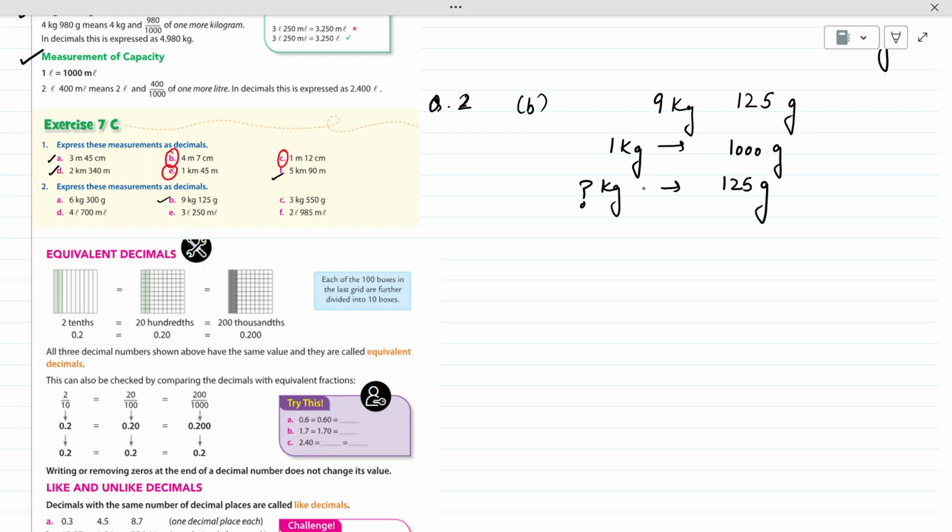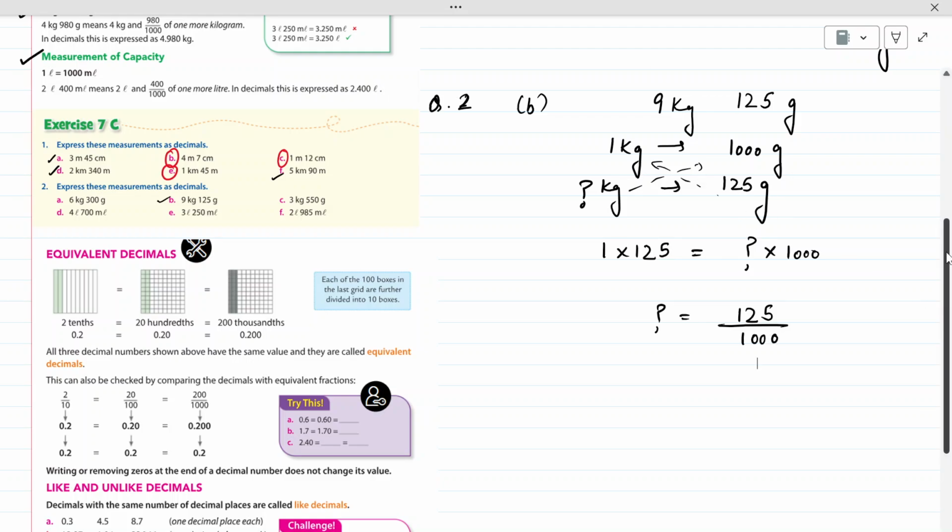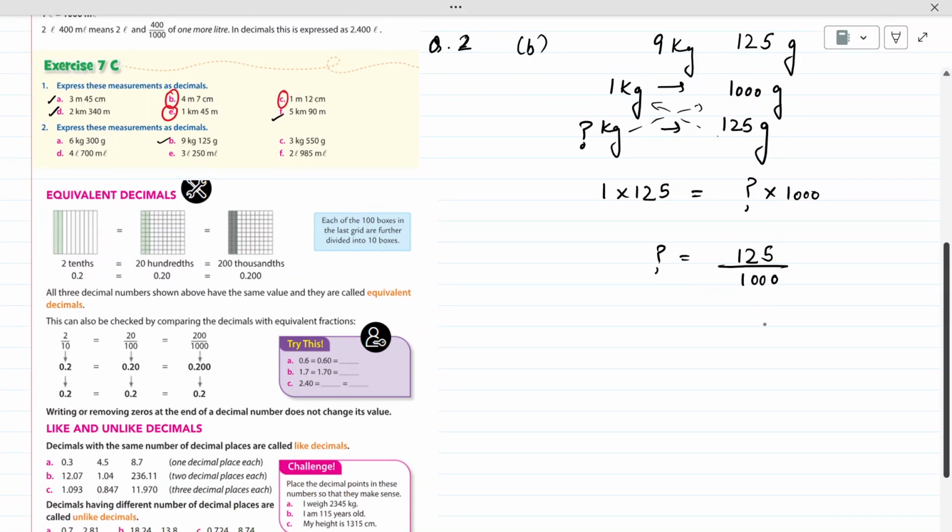Again, we are going to do the cross multiplication. So we have 1 into 125 is equivalent to 1000 into question mark. Question mark is equal to 125 divided by 1000. We have got this value, and this value is in kgs, kilogram.